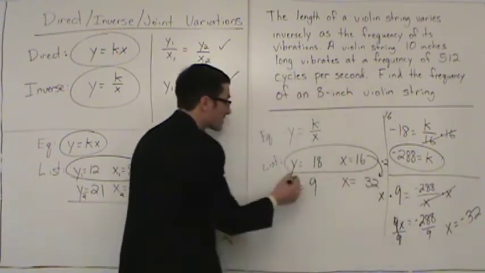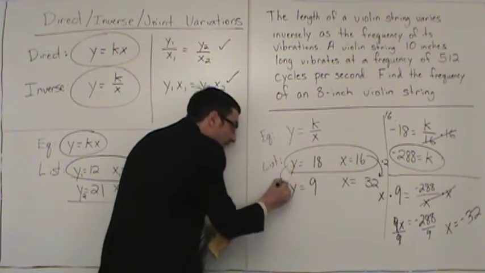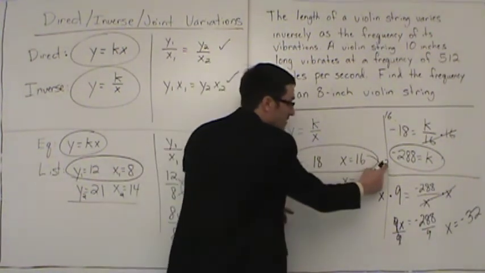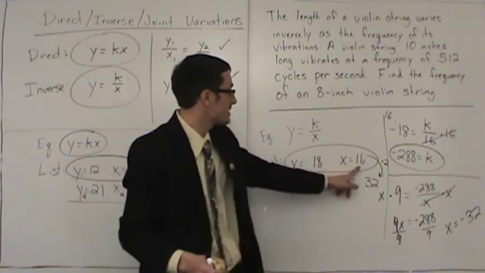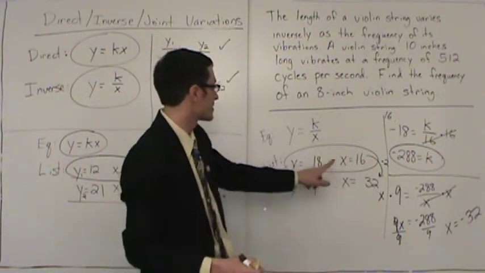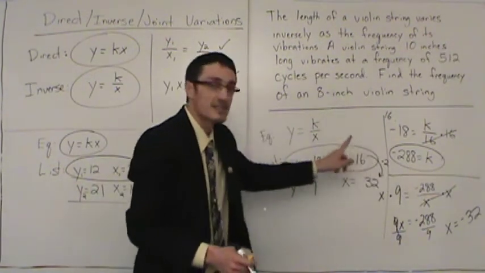So if we multiply one side by 2, x went up, y went down. So we multiply by 2 on this side, and on the other side, we divide by 2. 16 times 2 is 32, and on the other side, 18 divided by 2 is 9. So if you multiply on one side, you divide on the other.